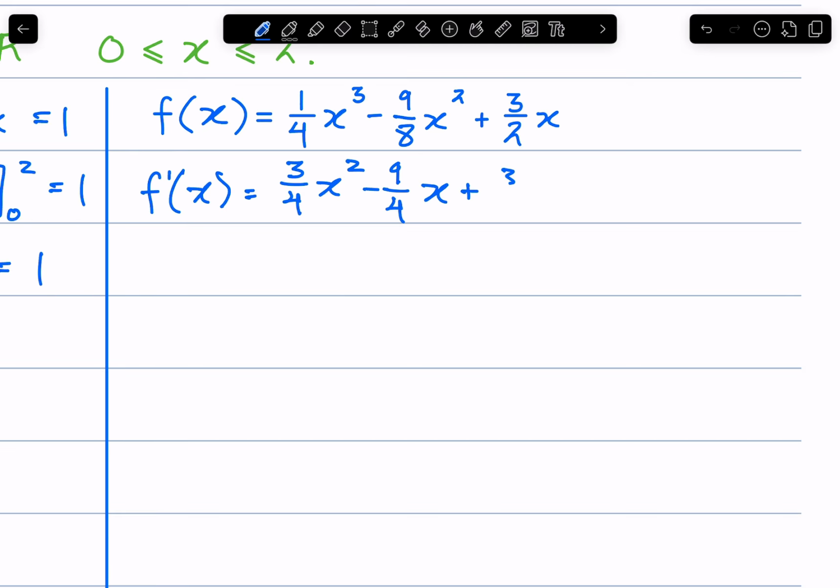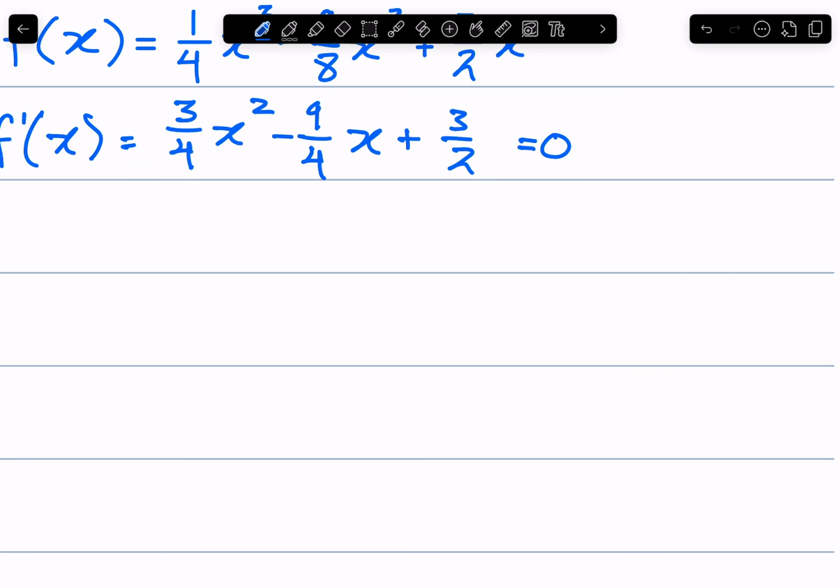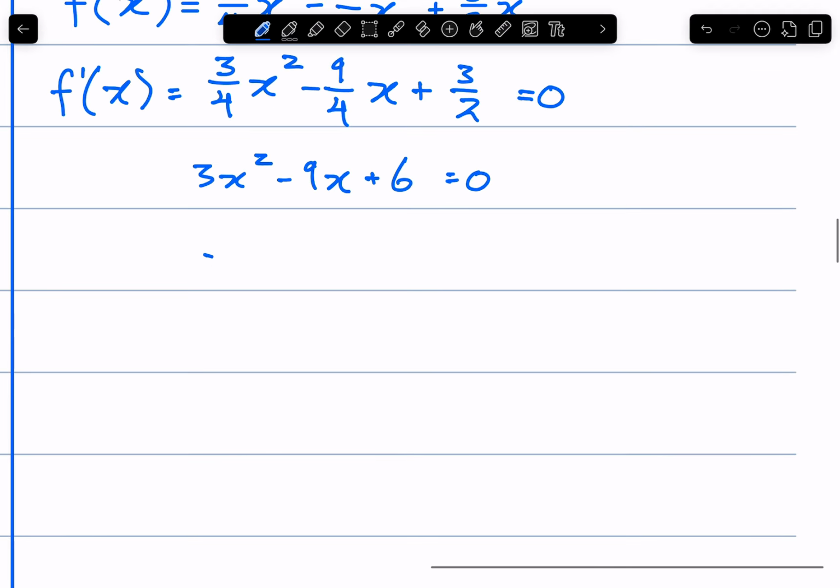So we have 3 on 4 x squared minus 9 on 4 x plus 3 on 2. Then from here, to find our turning point, we just let this equal 0. Equaling 0, I can multiply everything by 4. It gives me 3x squared minus 9x plus 12 on 2, which is 6. I can divide everything by 3.